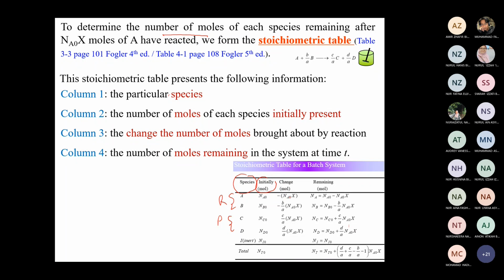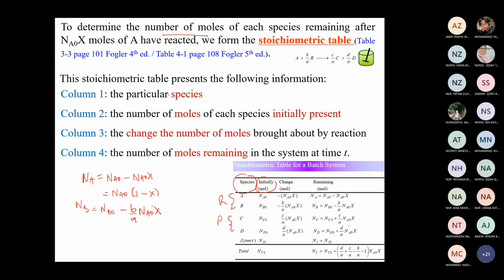Remember, for this one it is minus NA0 X, so NA is equal to NA0 minus NA0 X, or if it is easier to remember, NA0 times (1 minus X). Then we have NB, which is equal to NB0 minus B over A NA0 X.